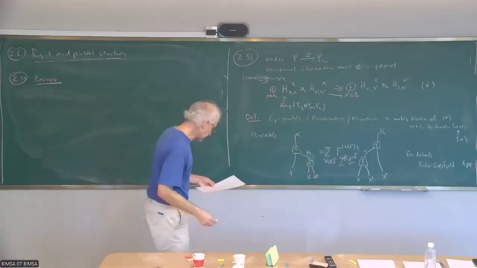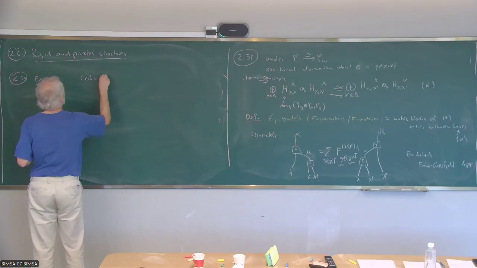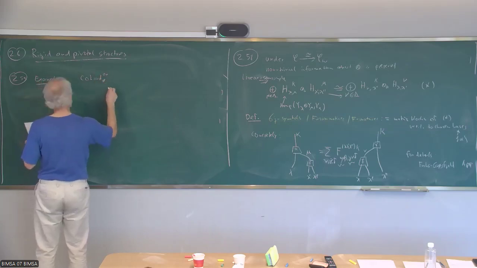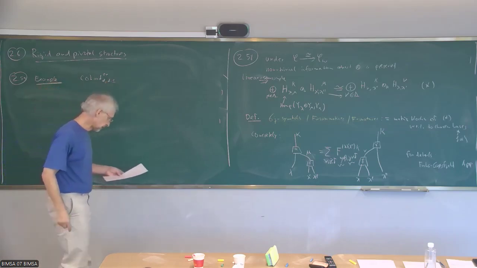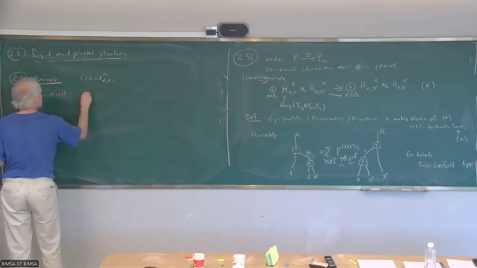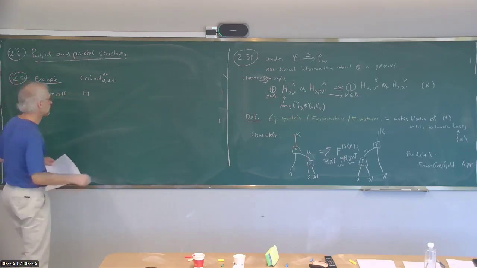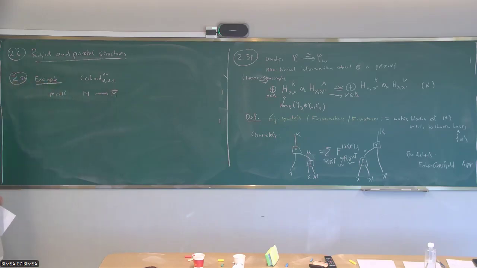So we look at cobordisms. And we recall that if you have an oriented manifold M, we also have a manifold M bar, which is the same underlying manifold, but with a reverse orientation.